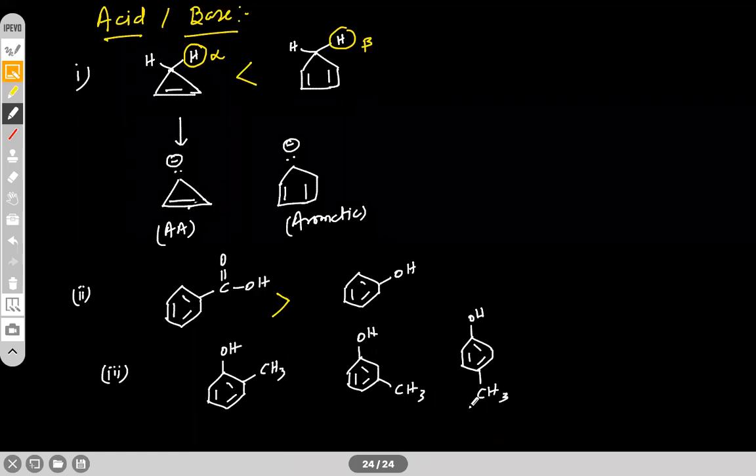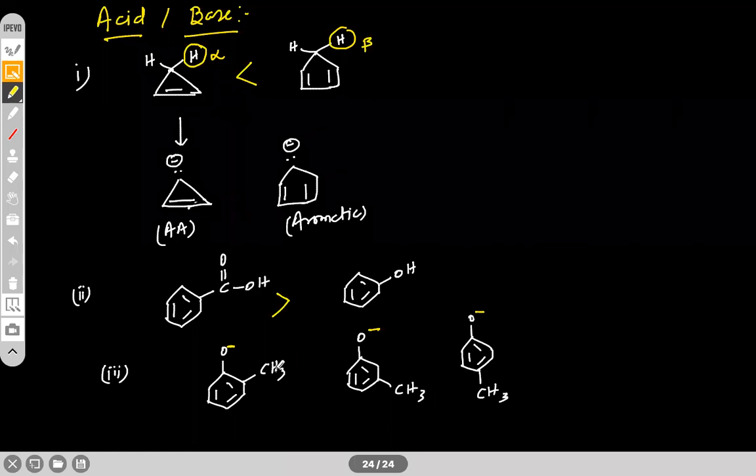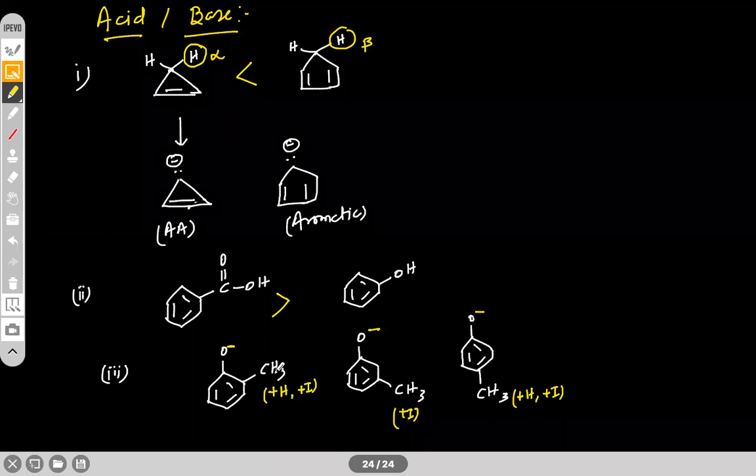Okay. You see the negative charge that I am writing down here only. We have O negative here, O negative here, O negative. The conjugate base, correct? Is this. Now this negative charge, you need to check the stability of this. So this one has plus H and plus I. This one has only plus I, and this one has plus H and plus I. So this has the maximum electron density because of plus H and plus I more effective over here.